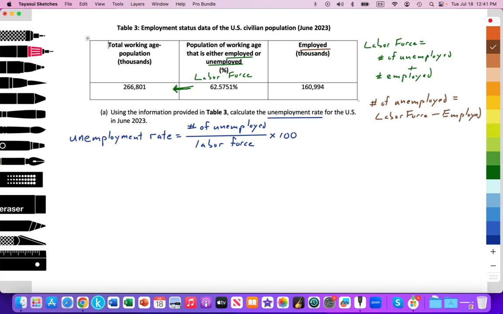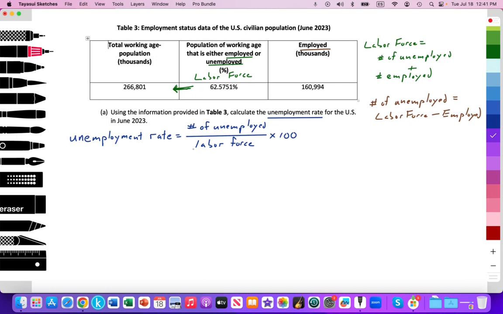So we have what we need to figure out this formula. The number of unemployed is going to be the labor force minus the employed, but the labor force is a percentage of this number. So let's create the formula.